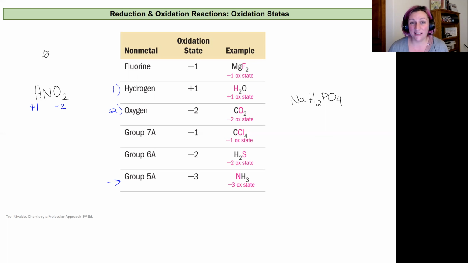So what does that leave the nitrogen? I'm not going to come down and apply the rule that it's -3. Instead, since it's the last element in my priority list, I'm going to determine whatever number it needs to be for the oxidation state to equal 0. And so right now I have 1 hydrogen and it has a +1 oxidation state. And I have 2 oxygens with a -2 oxidation state.